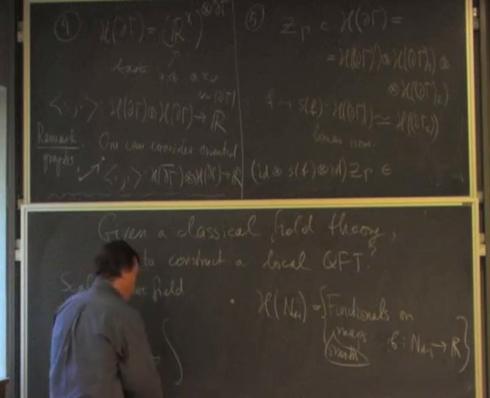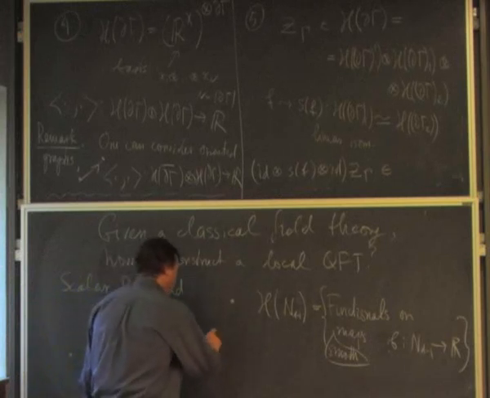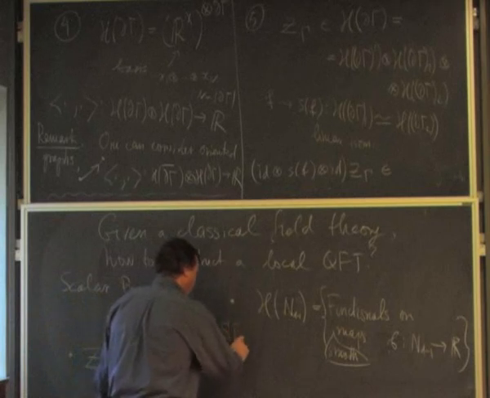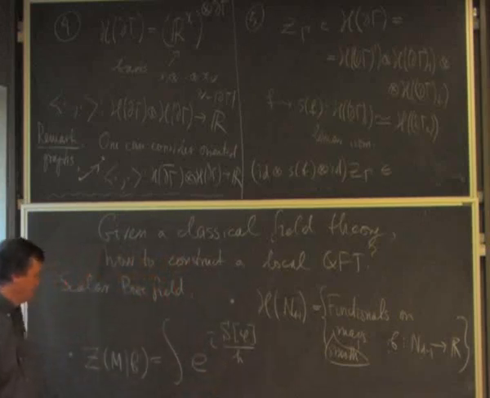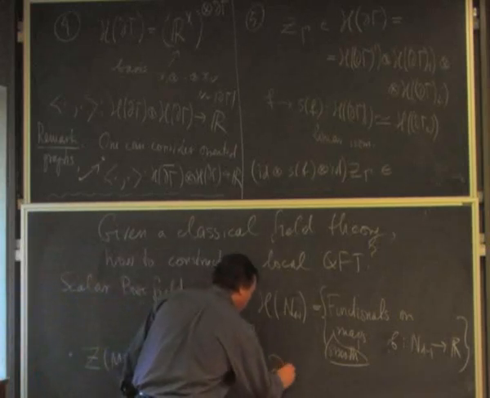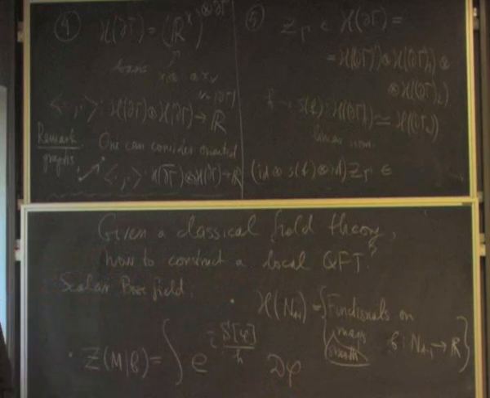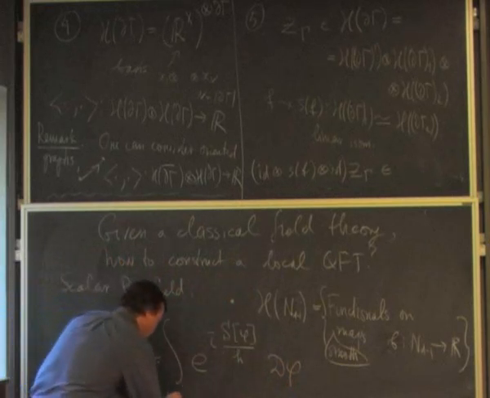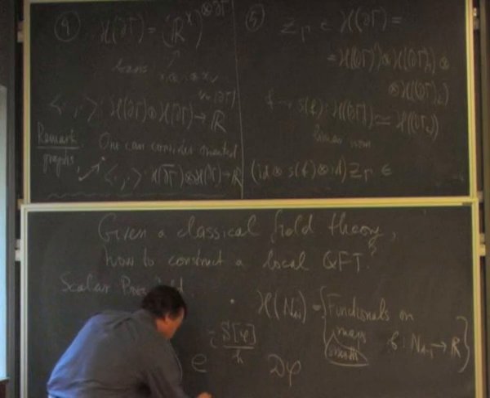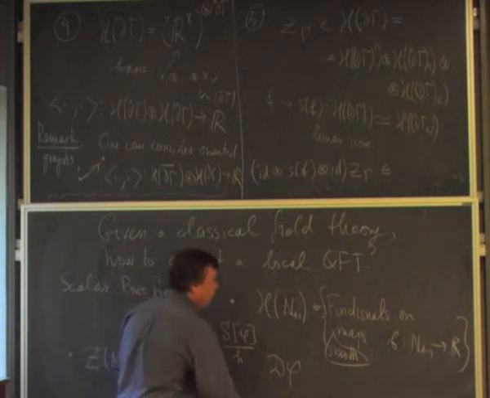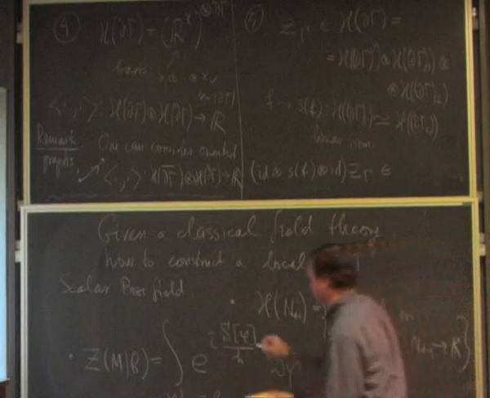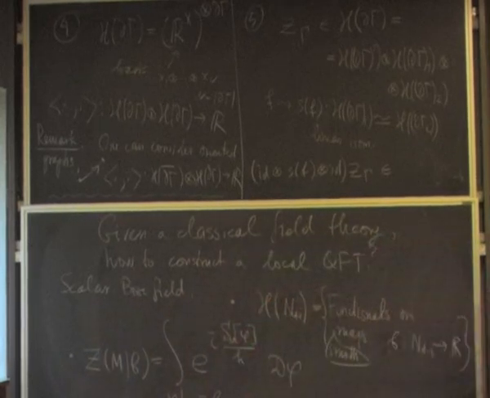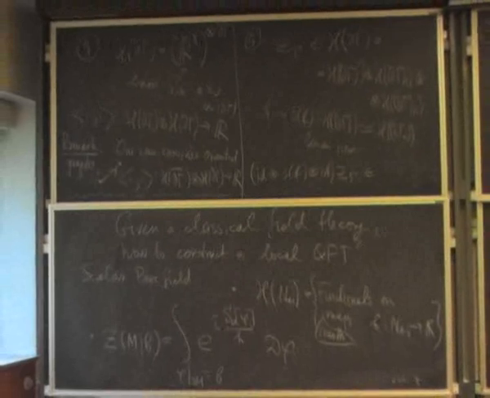I will define it like this: the integral of e to the i S_M of phi over all classical fields such that if you restrict this field on the boundary, it is equal to V. And here S_M is the action that we discussed already.